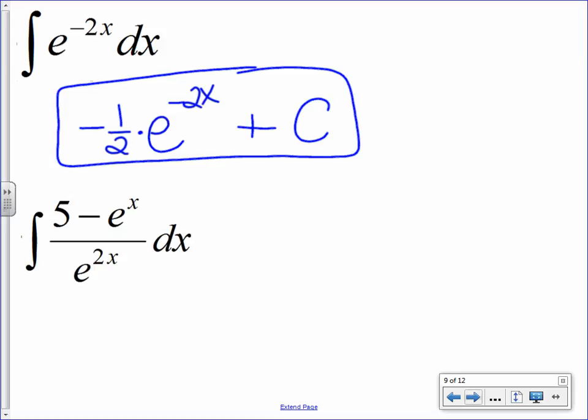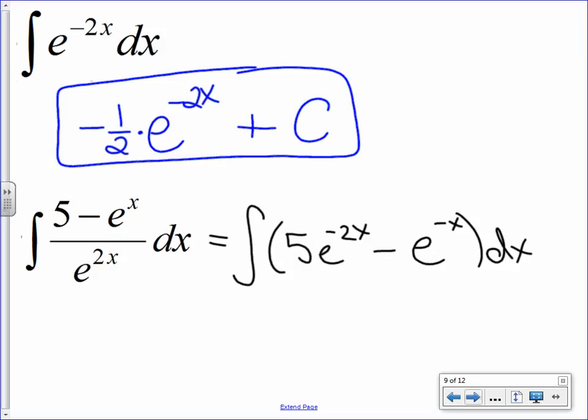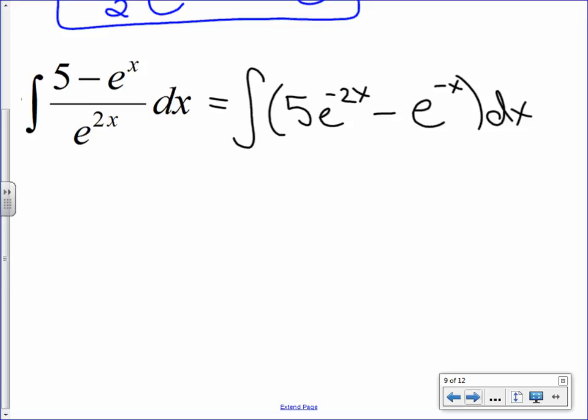We need to separate and rewrite this. I would rewrite this as 5 times e to the negative 2x minus e to the negative x, because x minus 2x would be negative x, subtracting our powers when dividing.